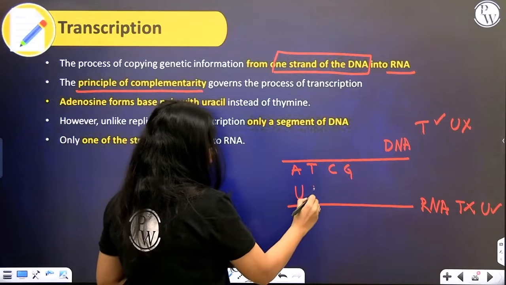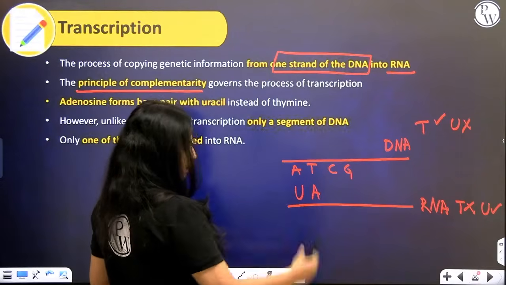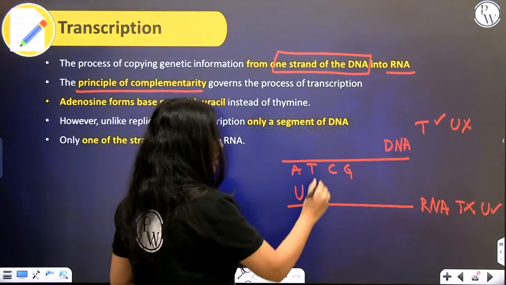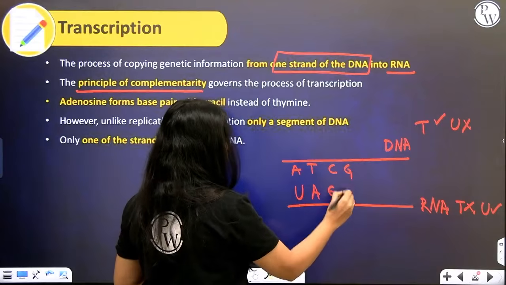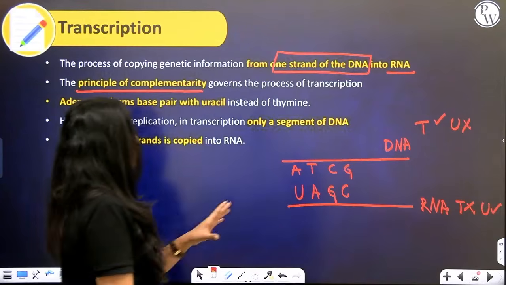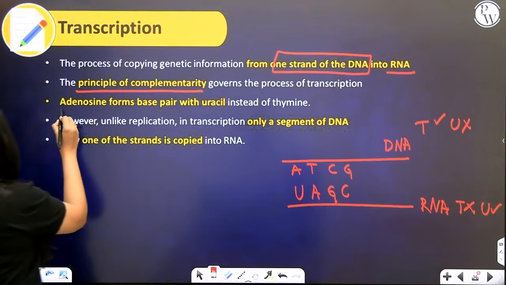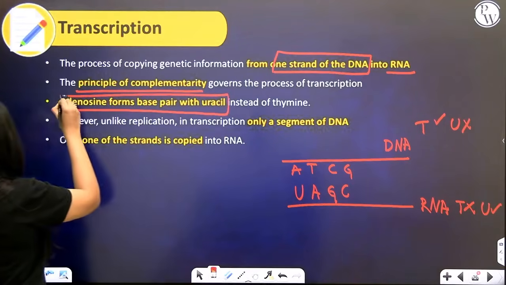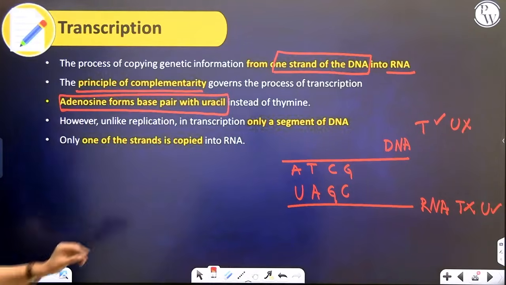Complementary to T, A will be the nucleotide that will get polymerized. Complementary to C, you have G. Complementary to G, you have C.